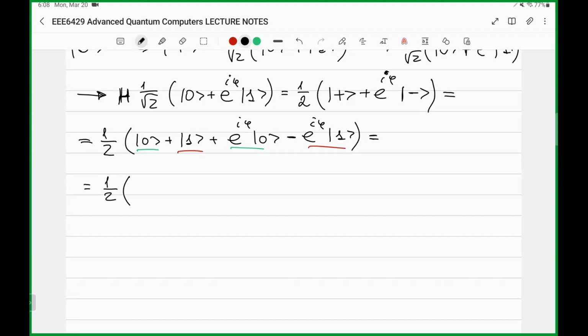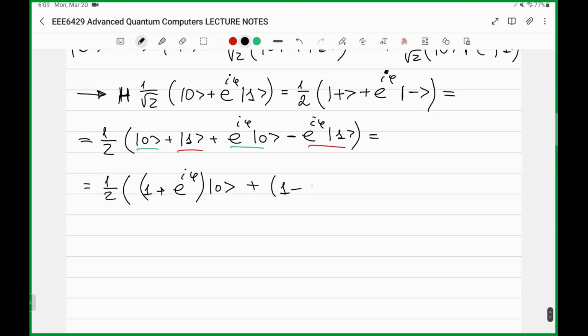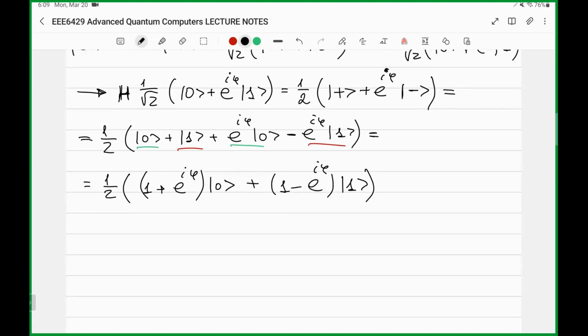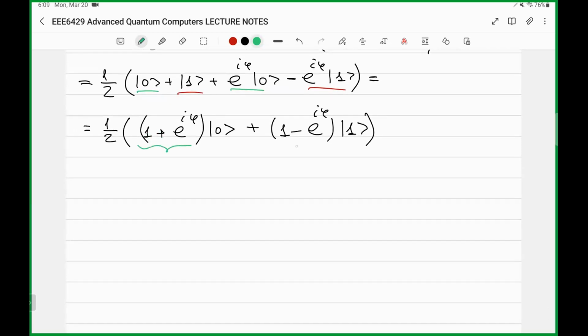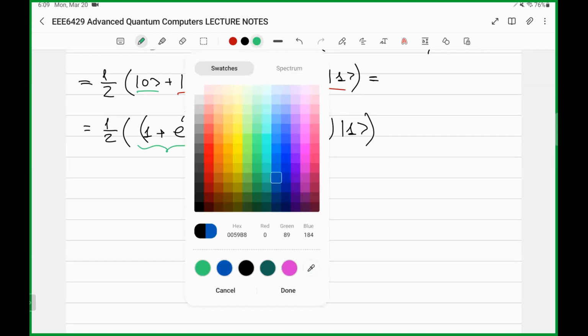So it will be 1 plus e to the power of i phi state 0, 1 minus e to the power of i phi state 1. Okay. So now I want to rewrite these two terms. How? Let me change the color, for example, to the blue one.